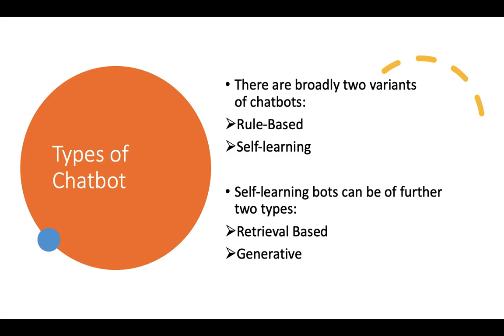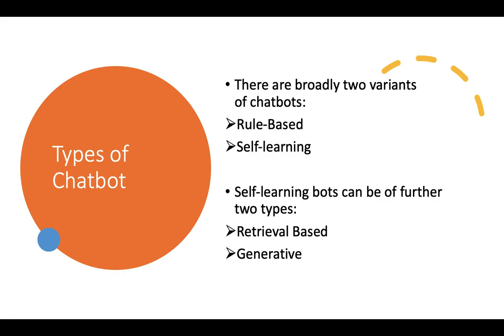These bots can be further of two types, retrieval based and generative. In the retrieval based model, a chatbot uses some heuristic to select a response from a library of predefined responses. Heuristics for selecting a response can be engineered in many different ways, from rule based if-else conditional logic to machine learning classifiers.